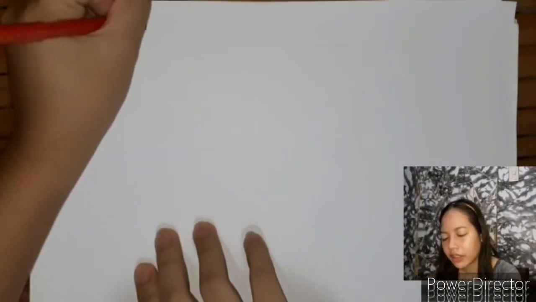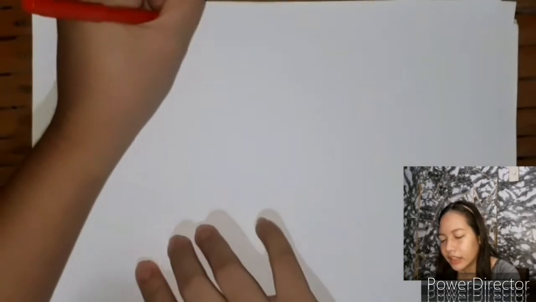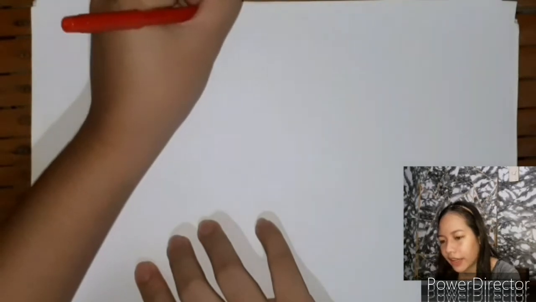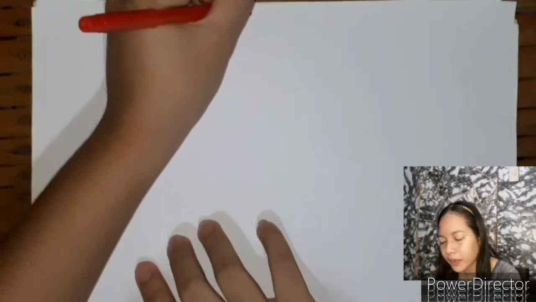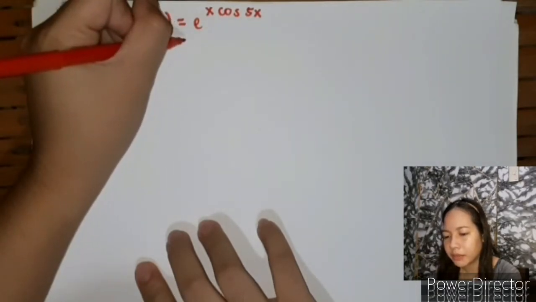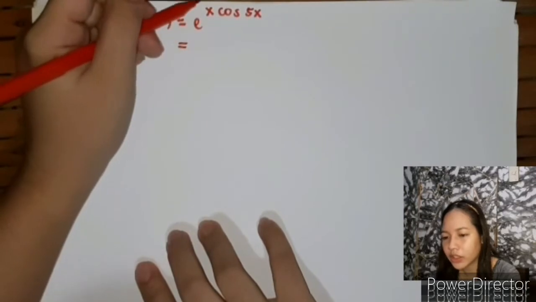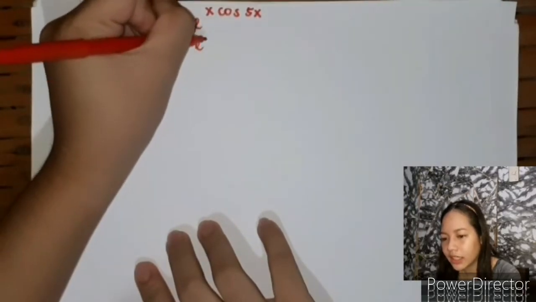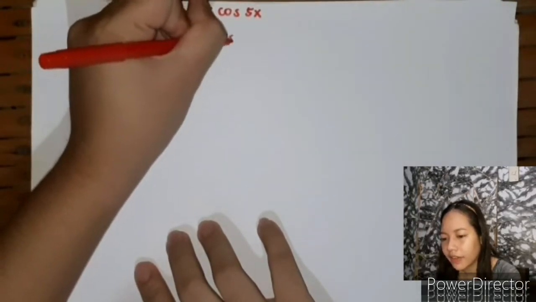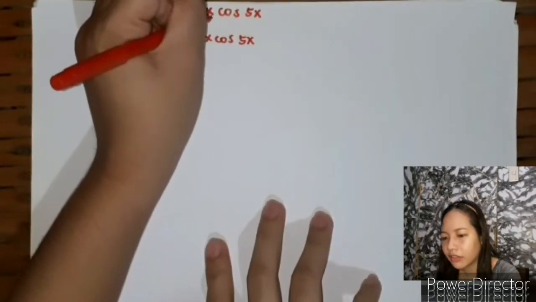So we have our equation f of x is equal to e raised to x cos 5x. First, we need to just copy the whole expression, such as e raised to x cos 5x, and then we will get the derivative of the exponent.